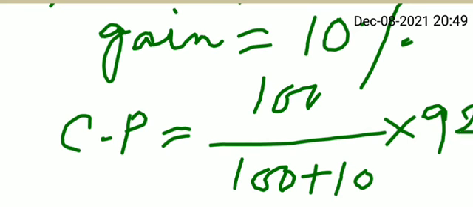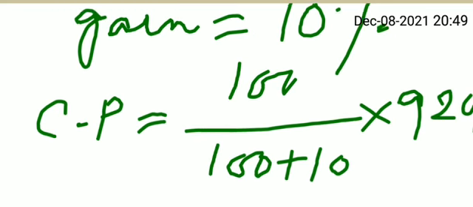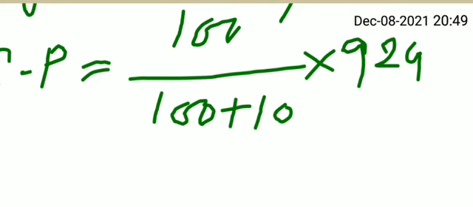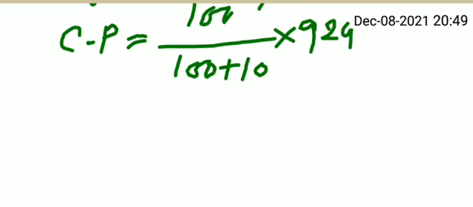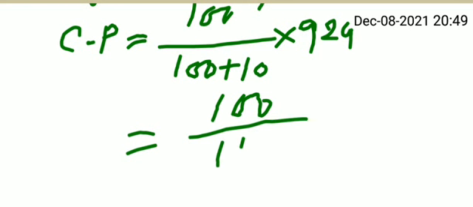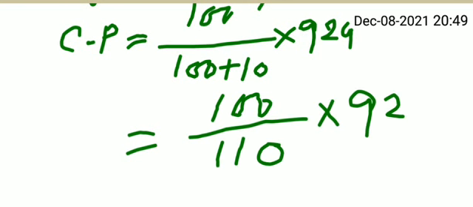Okay, just calculate. You will get 100 by 110 into 924. The 0s will be eliminated.